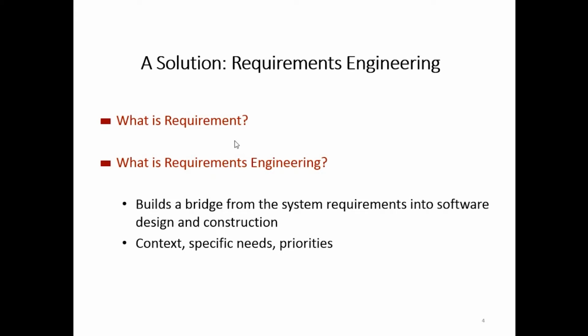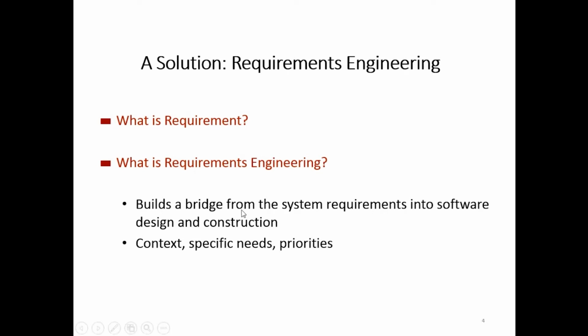So it begins during the communication activity, and it continues into the modeling activity. It basically builds a bridge from the system requirements into software design and construction. Apart from that, it allows the requirements engineers to examine the context of the software work which is to be performed.